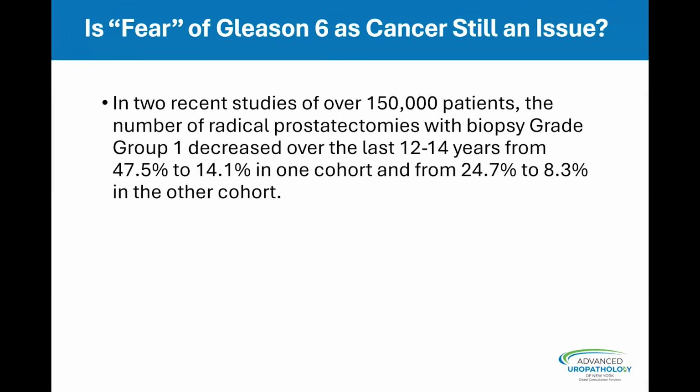And I think that has been shown with a couple of studies, over 150,000 patients, where we see the number of radical prostatectomies with Gleason score 6 decreasing over the last decade or so, from almost 50% to 14%, another study down to 8%. And this is, I'm sure, decreasing even more with more recent years. So I think patients are now recognizing more and more that active surveillance is the preferential treatment for Gleason score 6 cancer, even though we're calling it cancer.